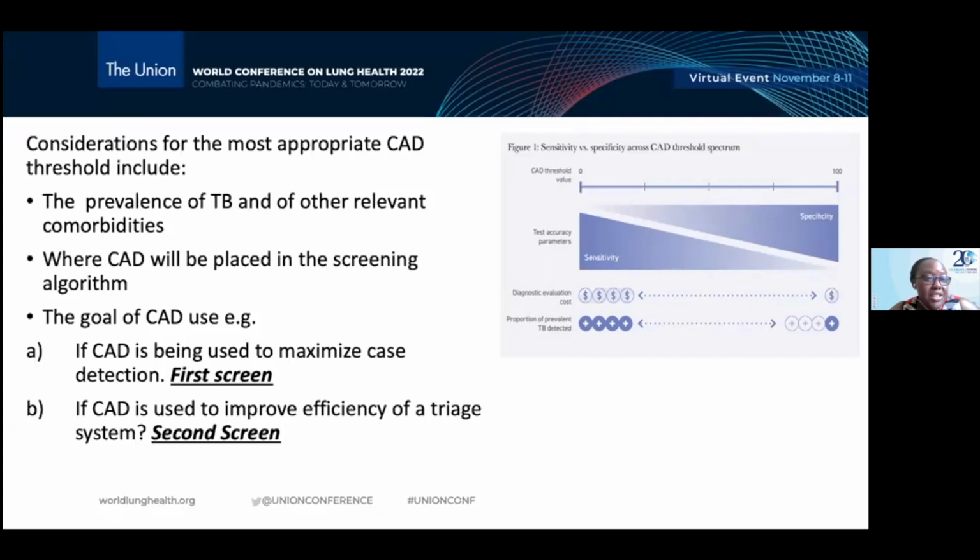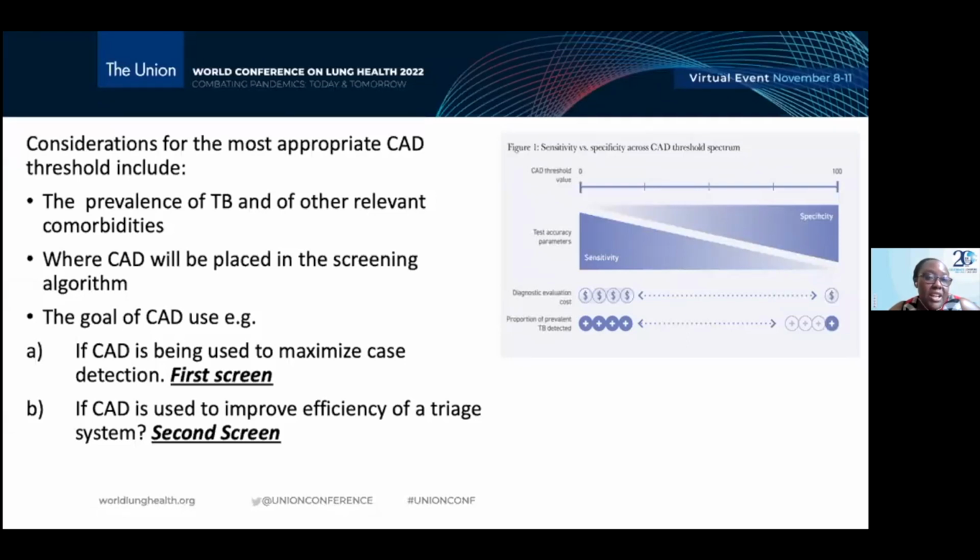But in our health facilities, we use it a little differently. We use it to improve the efficiency of the triage system. This is what is being proposed because we're now revising our algorithm, since we know that cough for more than 2 weeks is not a very sensitive symptom screen.